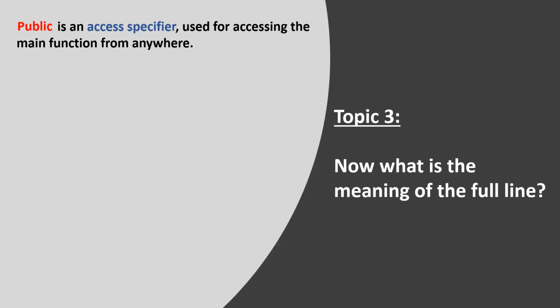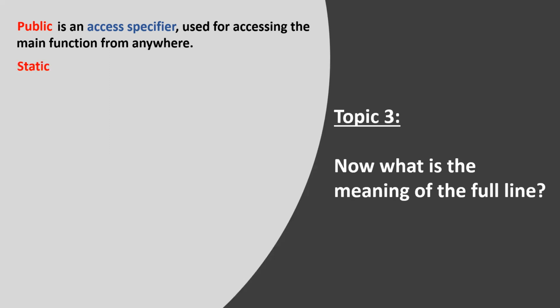If you write public in front of that, it will be accessible from anywhere. If you have gone through the last class, the encapsulation class, you have already explored that. If you do not know why public has access everywhere, I request you to go through the last class. So public is an access specifier, and if you write main anywhere, it will be accessible. That is the use of public.